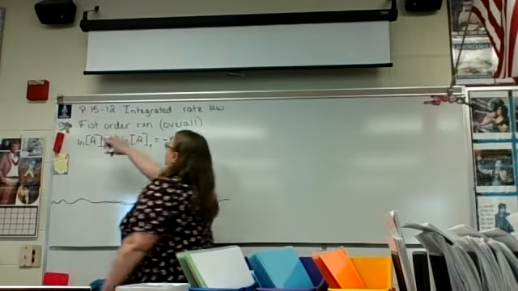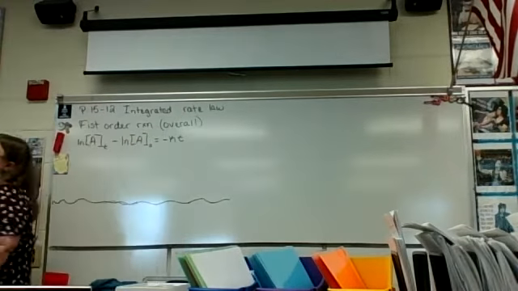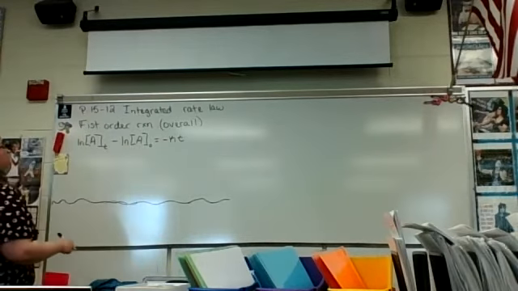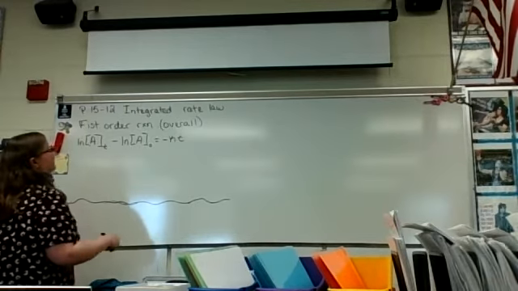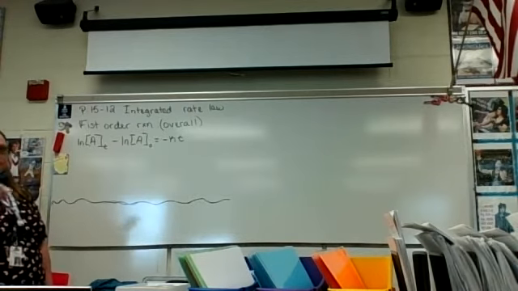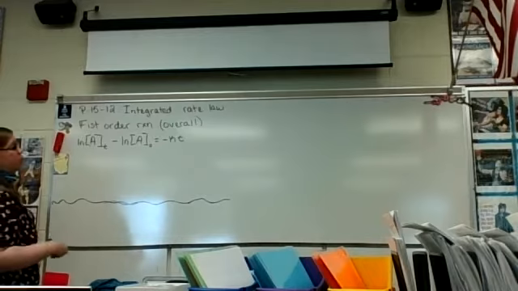So first order reaction, this is talking about the overall reaction. First order integrated rate law. And integrated does mean the same thing as in calculus, take the integral, and this is what you come up with.